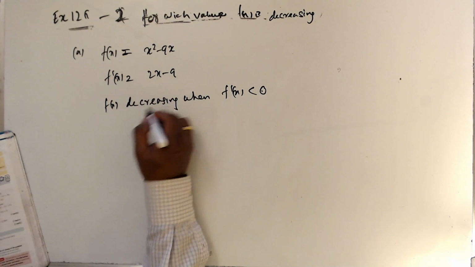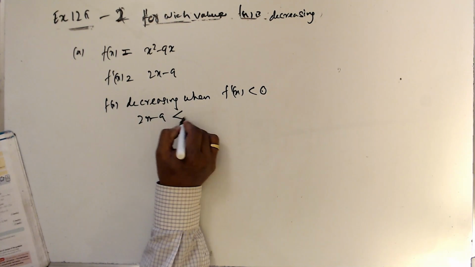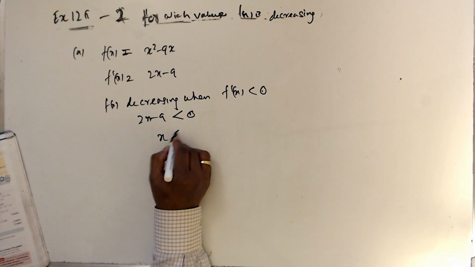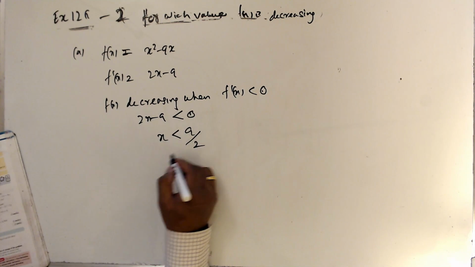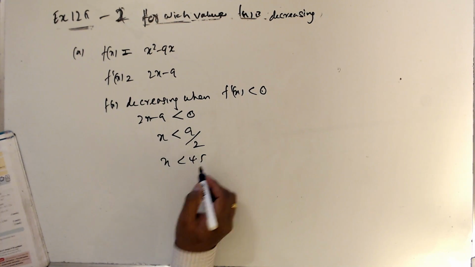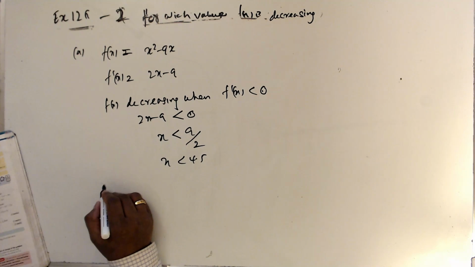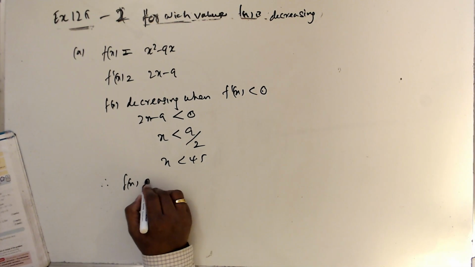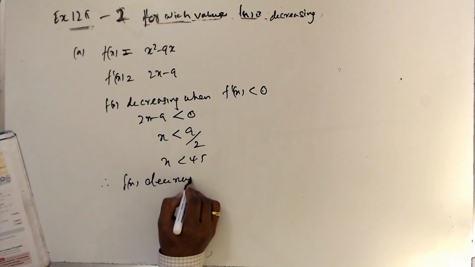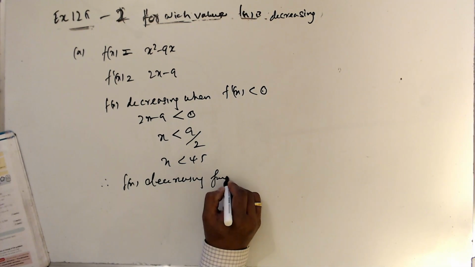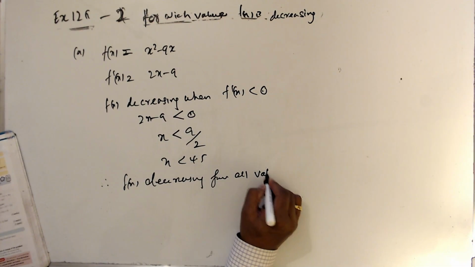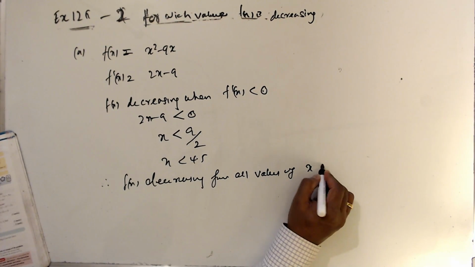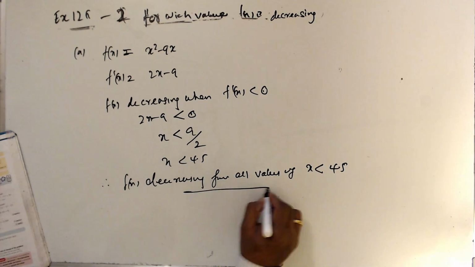What does f dash x mean? 2x minus 9 less than 0. It means x is less than 9 over 2, x less than 4.5. And f x is decreasing for all values of x less than 4.5.